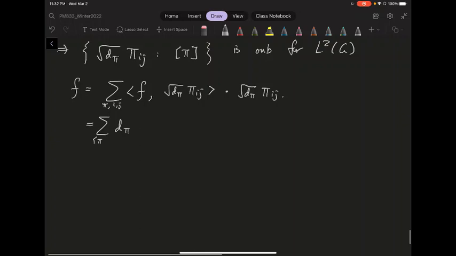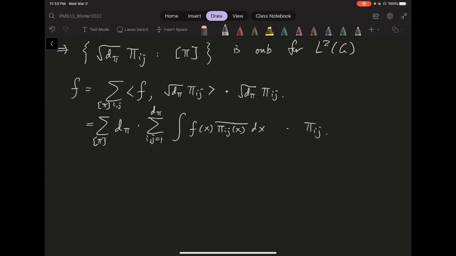So you take the equivalence class pi, you move the d pi outside, and you take the summation of ij going from 1 to d pi. Then this integral is essentially just f of x times the conjugate of pi ij of x, the L2 inner product, with dx. Then you multiply this whole thing by pi ij.